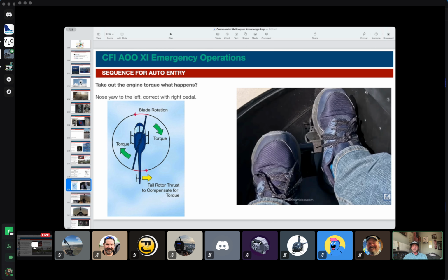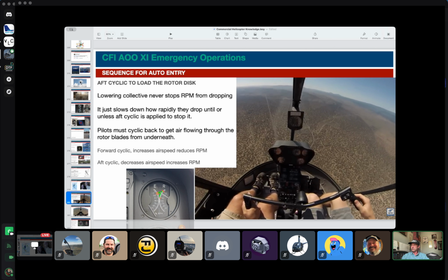We know that our nose is going to turn to the left because the propeller on the side of our helicopter is pushing us in that other direction, just like it would on an airplane. It's just pulling us to the right. So we need to use that right pedal to help stabilize the yaw of the helicopter. So the nose will yaw to the left. We're going to correct with a little bit of right pedal. Not a ton necessarily, just what is needed. And we'll talk about that a little bit further too.